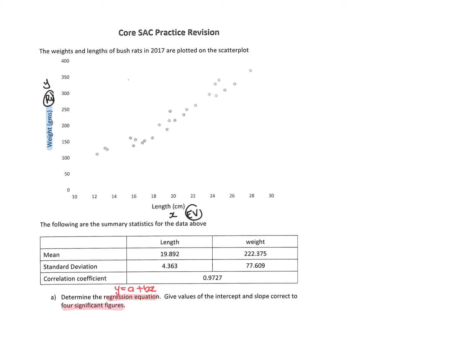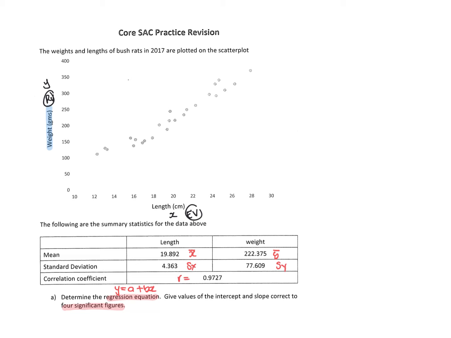So when you've been given this and you're getting the mean and all that, what you should do is write next to this what it is. Because length is x, I'm going to say that's the mean of x. And because weight is y, I'll put the mean of y. And this one's standard deviation, so we'll write it like that. And the correlation coefficient is r.